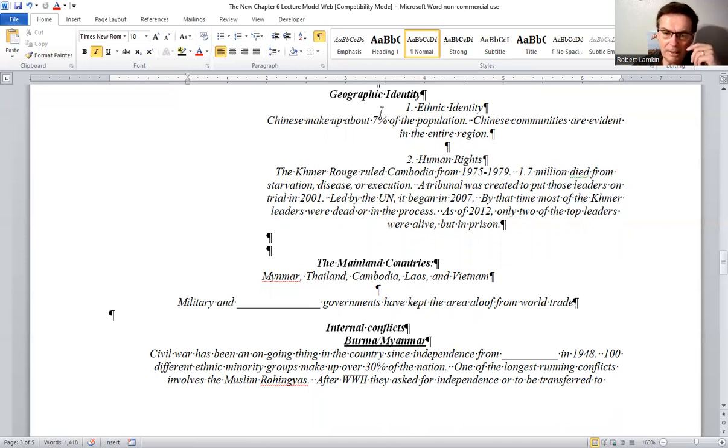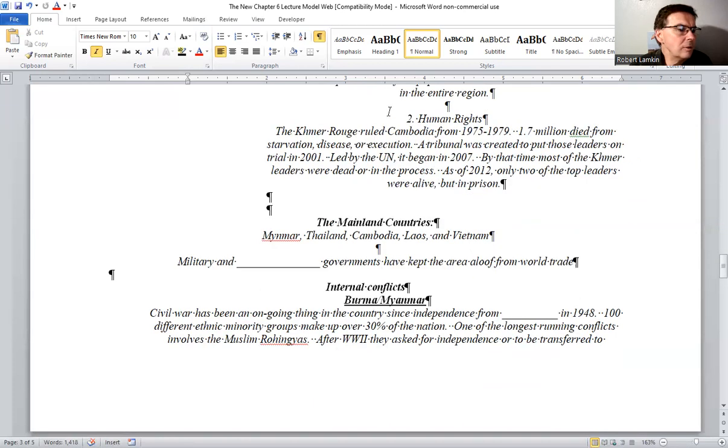Most of the Khmer leaders were already dead or in the process of dying. Everything culminated in 2012. Only two of the top leaders were still alive at that point, and they were imprisoned. Kind of adding closure to a very terrible time period in human existence.